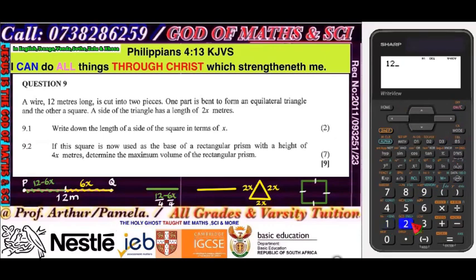Well, 12 divided by 4 is 3, and then 6 divided by 4 is 3 over 2. You can do that, or you can divide the whole thing like that, all over the 4. So that will be the side of the square, one of the sides. That's all it will be.